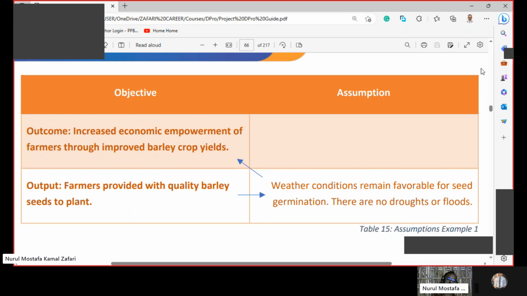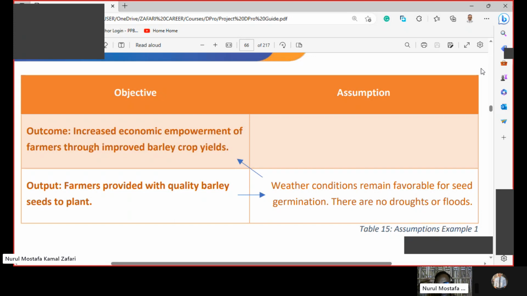So the project outcome is targeting to ensure economic empowerment among the farmers through barley crop yields. So crop yielding will not happen if there is a drought or a flood. The output is done in the sense that the seed distribution is done.